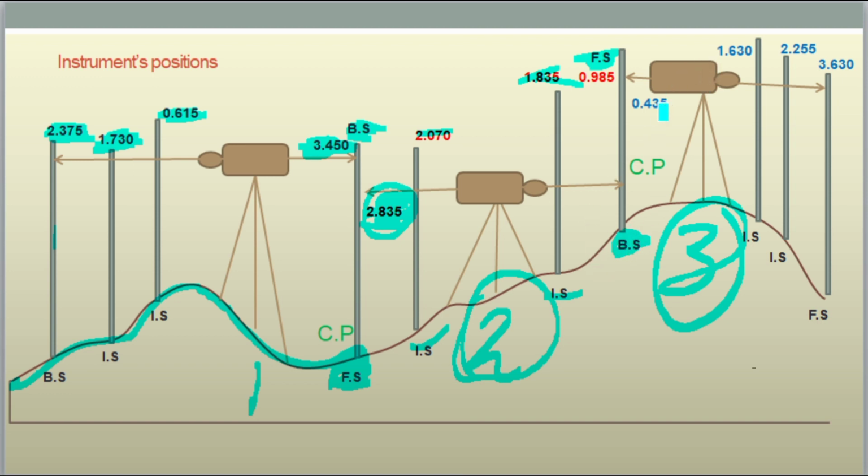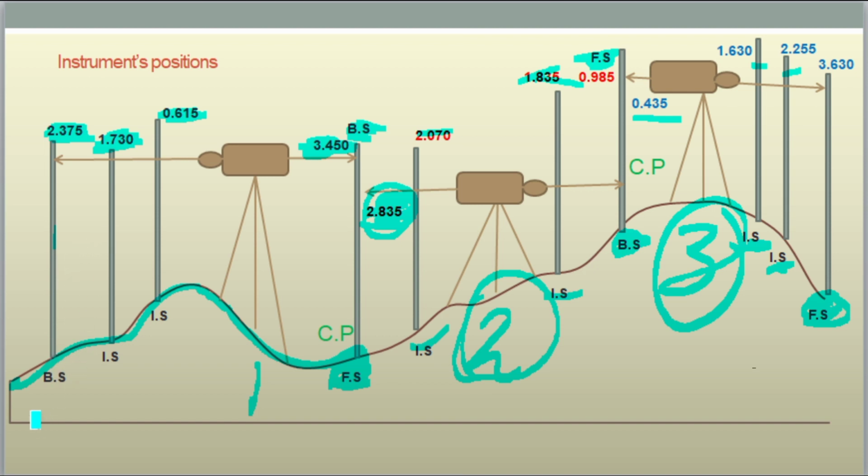Here is the first reading of the third position. Then we have our intermediates, then we have our last reading. Remember, in leveling you are supposed to have a foresight as your last reading. Some people forget that concept and put the intermediate as the last reading of the instrument.